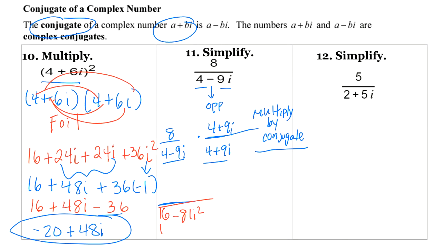And now I can get rid of that i squared by changing it to a -1. So 16 comes down, -81 times -1 is +81 now.